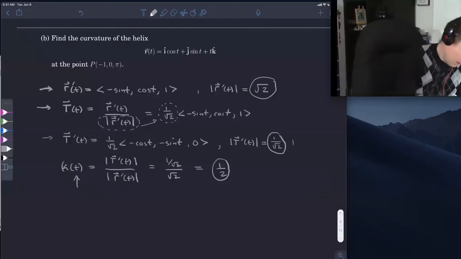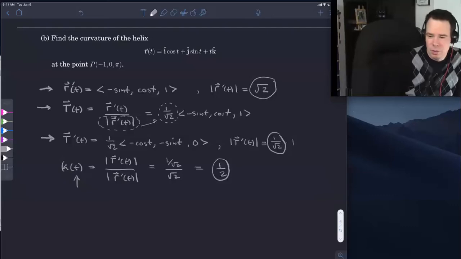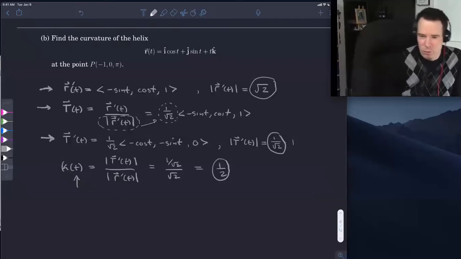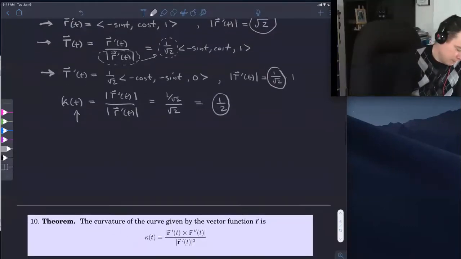And so this next step, differentiating the unit tangent vector, could be a little bit more challenging because there's a scalar function out front and then the vector function as well. You sort of have to put the scalar in and then do a bunch of derivatives involving perhaps quotient rules, etc. So that's the challenging part. Here it didn't show up because the magnitude of r prime was a constant, but in practice it may show up.